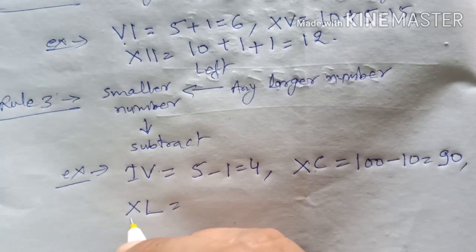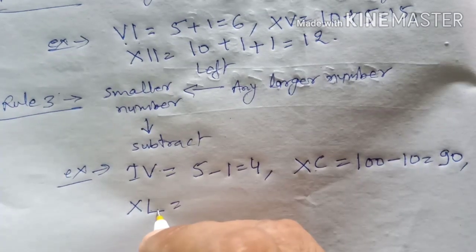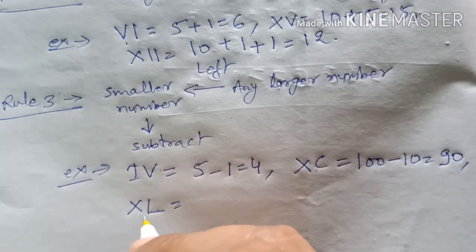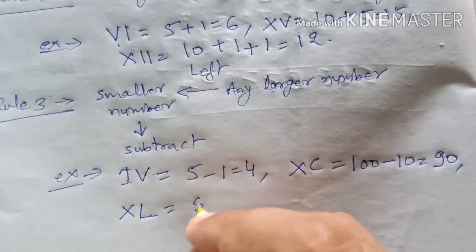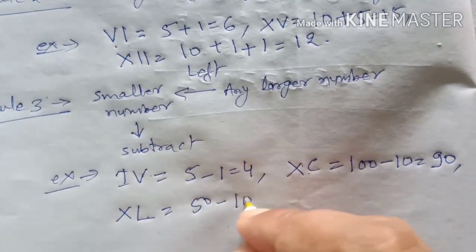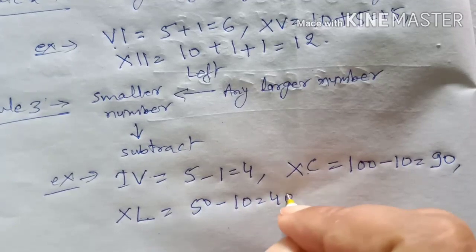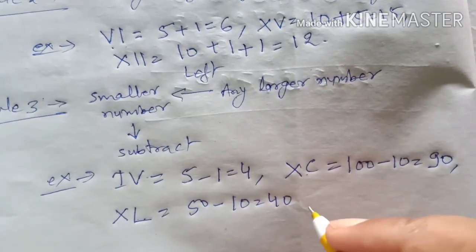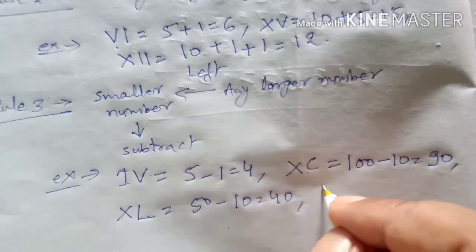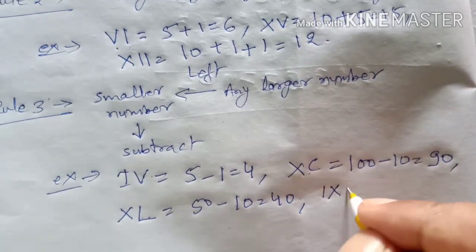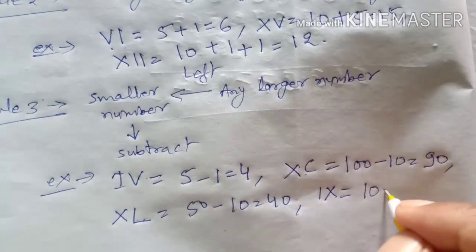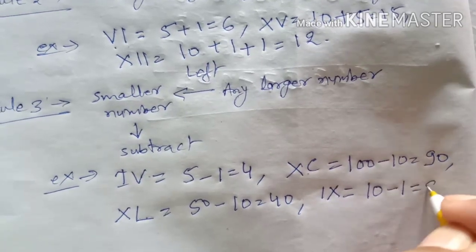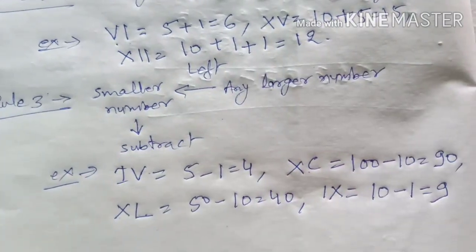X is to the left of the larger symbol, so 50 is subtracted by 10, and this will be 40. Okay, let's see another example, IX. It means 10 will be subtracted by 1 and this will come 9.